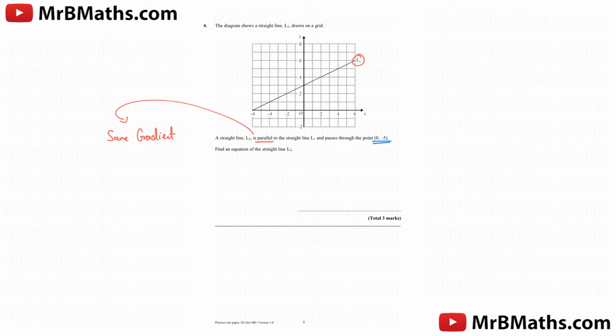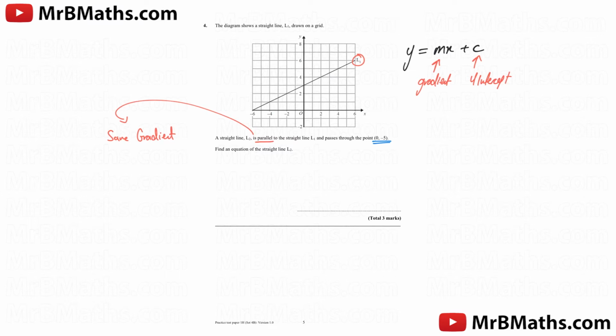The equation of a line is y equals mx plus c, where m is the gradient and c is the y-intercept. The gradient is the slope, whether positive or negative, and the y-intercept is where the line crosses the y-axis.